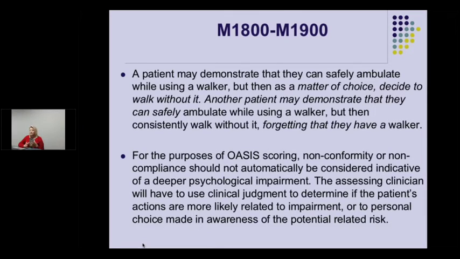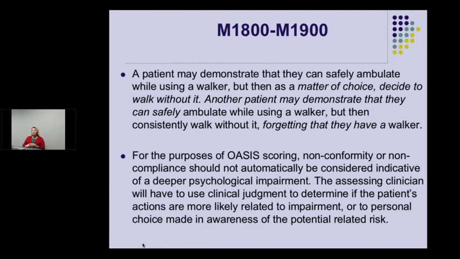Here's what CMS says. A patient may demonstrate that they can safely ambulate while using a walker, but then as a matter of choice, they decide to walk without it. Another patient may demonstrate that they can safely ambulate while using a walker, but then consistently walk without it, forgetting that they even have the walker. And then you have those patients that have the walker and they pick it up and they walk with it.